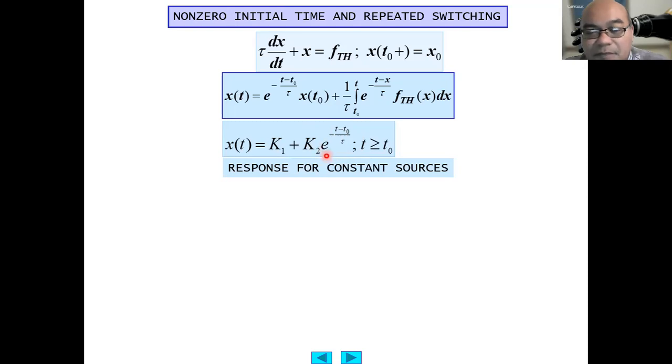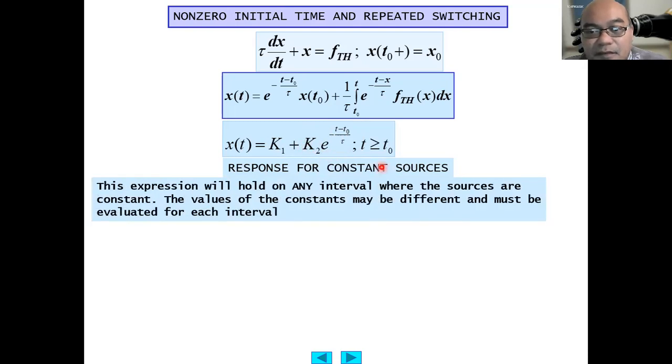The k2 is obtained from the initial value. For constant sources, this expression will hold on any interval where the sources are constant. The values of the constants may be different, but must be evaluated for each interval.